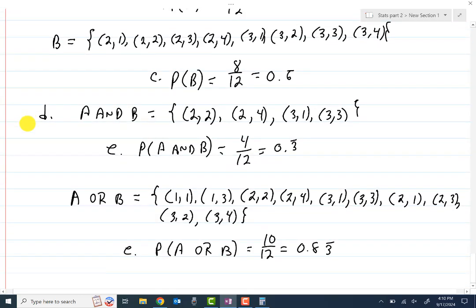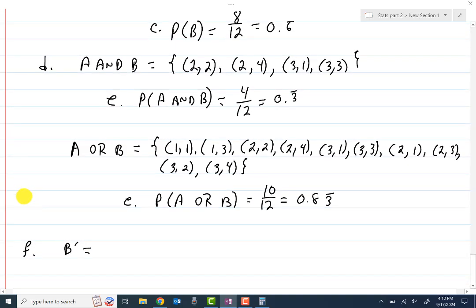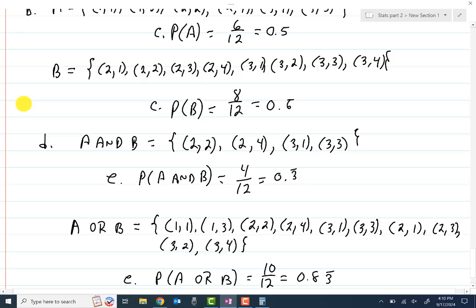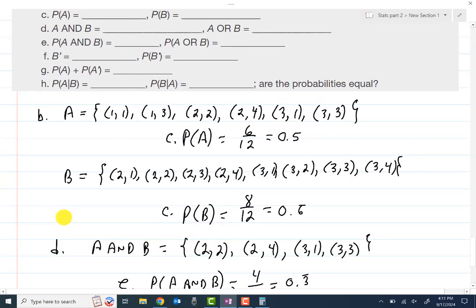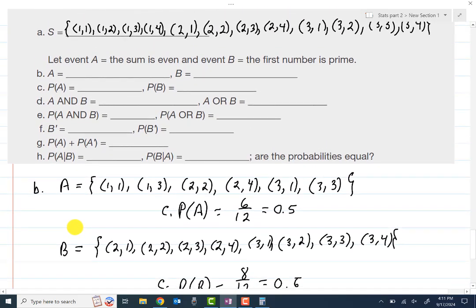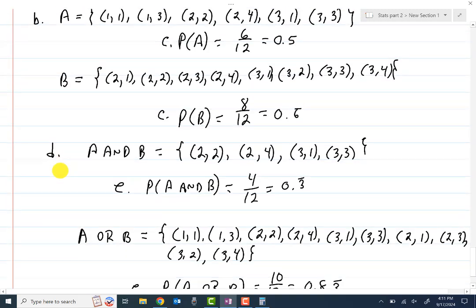F, B prime, and the probability of B prime. So these are the items that are not in B. Let's come up to B. It had a total of 8 items, and the sample space had 12 items. So I need here the items that are not in B. So let's start. 1, 1. That's not in B. 1, 2. All right, so 1, 1 and 1, 2, let me put those in there.